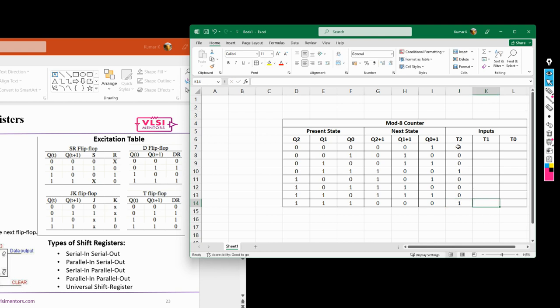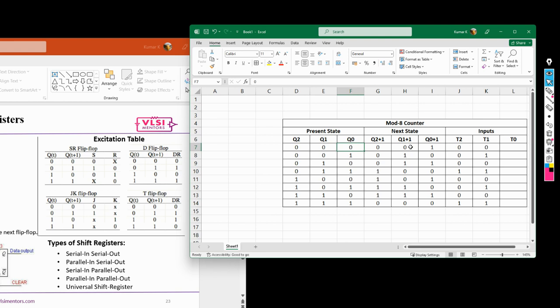Similarly, you have to fill in each and every one. Now look at this Q1 and this Q1, it is 0. So 0 and 1, it is 1. Now 1 and 1, it is 0. So 1 and 0, it is 1. So it is going to be 0 1 0 1. Now what about this last one?